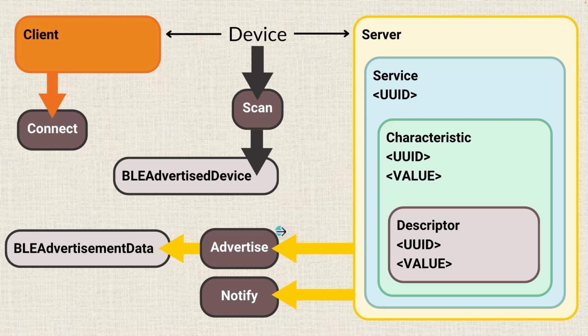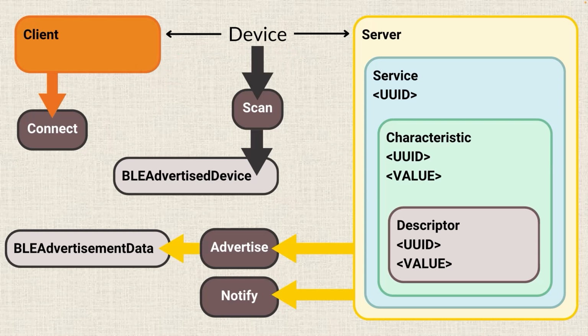Notice it can advertise, and it can also notify. Now we're not going to be talking about notify today. Maybe we'll talk about it at some point, but we're just going to be talking about the advertising today. You'll also notice that a client can connect to a server. And again, the idea is like an information exchange, right? So a client can write to a server, client can read from a server, like we can exchange information.